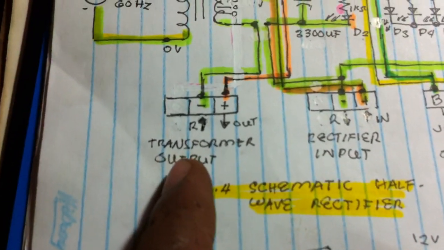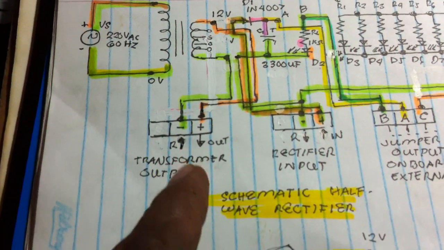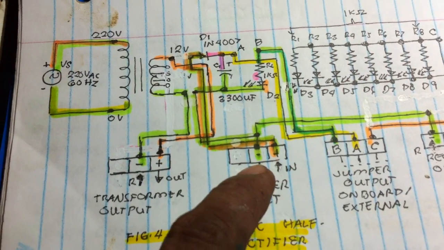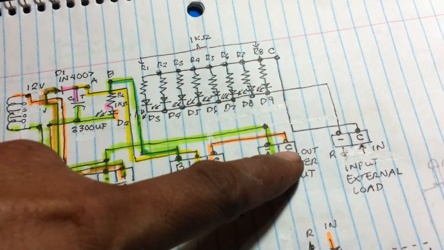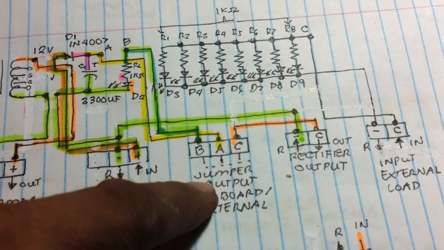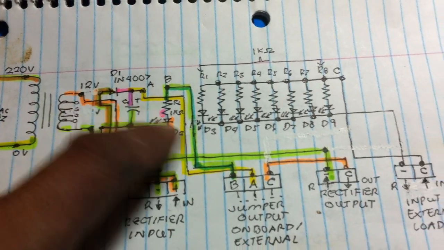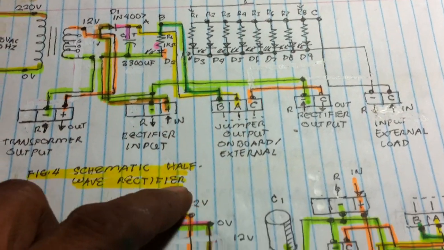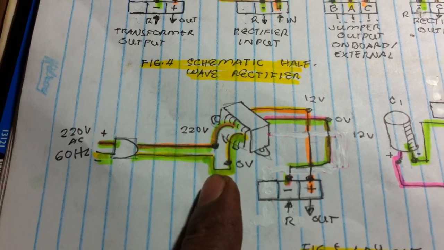I have the transformer output, and then goes the return. Output of the transformer is going to the rectifier input. Now we have the rectifier output. It depends on the settings of the jumper. If you're going to use the onboard LED or the external output, just slide the jumper, change the settings.